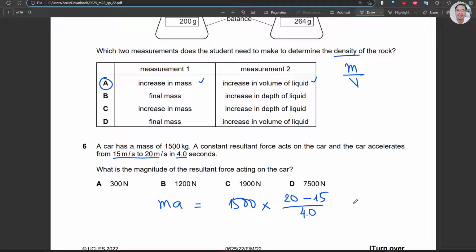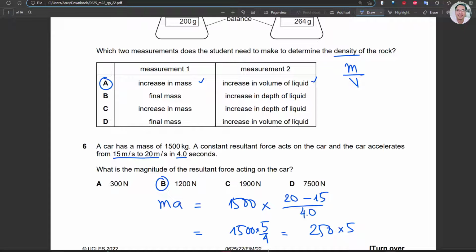Can we estimate that? 5 over 4 multiplied by 1,500, 250 multiplied by 5, 1,200, about this?